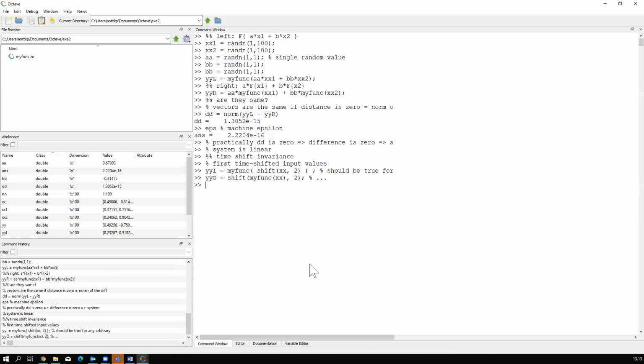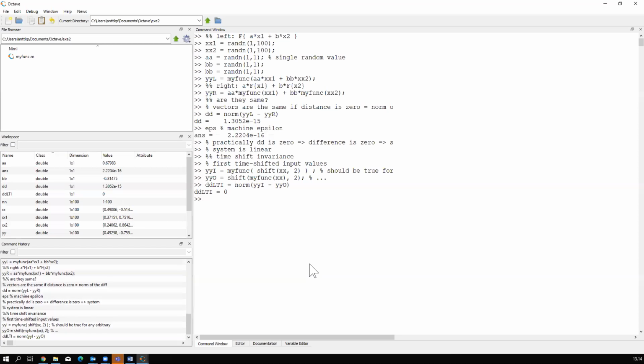And we calculate then the difference again, DD LTI. Ha, 0. So it didn't mean anything if I shift the input before or after the function. Okay, good. So that's how you do this exercise.